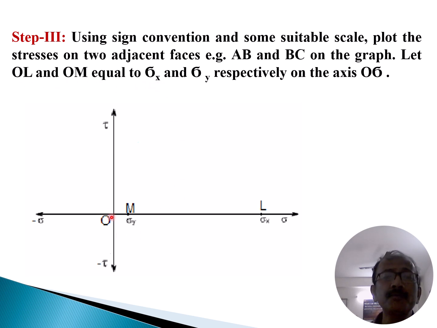So OL is sigma x, and OM is sigma y, representing them on the axis O sigma. So this is O, and this is the sigma axis, and this is the ordinate.